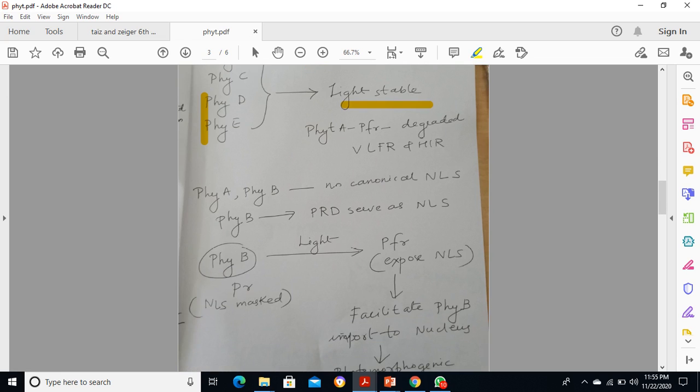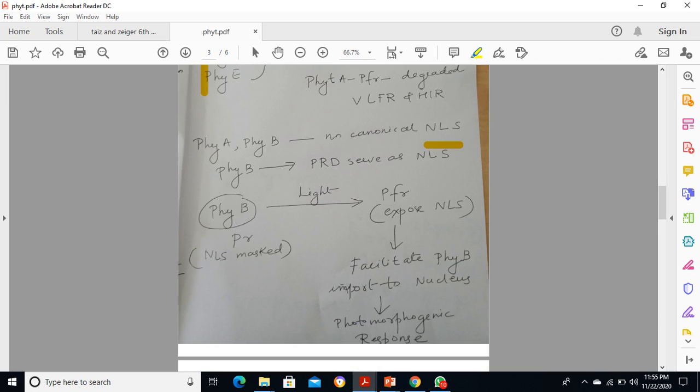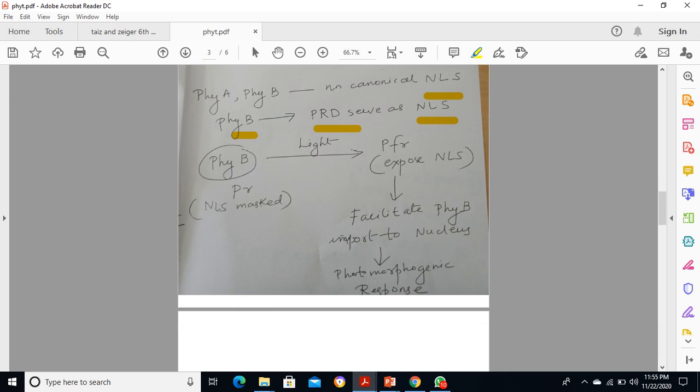And phytochrome A and phytochrome B don't have a canonical nuclear localization signal. In the case of phytochrome B, you know that they have the PRD domain, isn't it? Per-Arnt-Sim related domain. So this PRD serves as a nuclear localization signal.